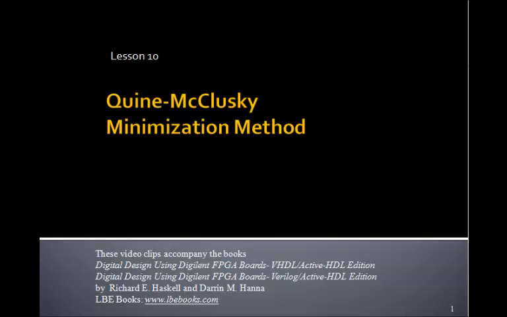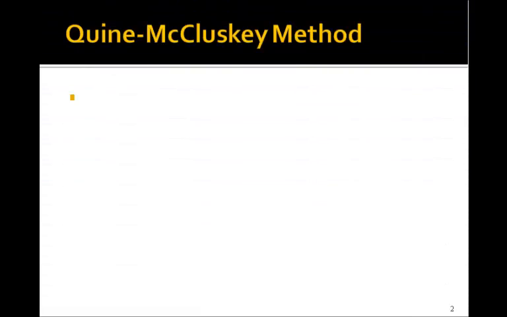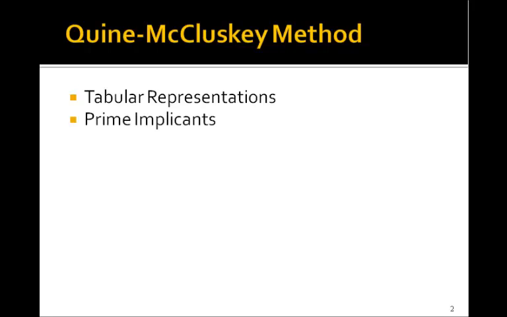And the Quine-McClusky minimization method is one of the more popular ones, which is guaranteed to find the minimum number of terms. So to do that, we first need to introduce the tabular representations, which is a representation that computers can understand. And then we'll talk about prime implicants and essential prime implicants.